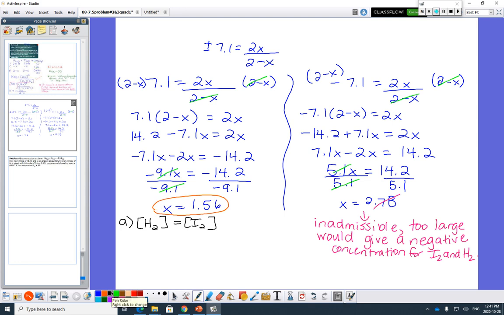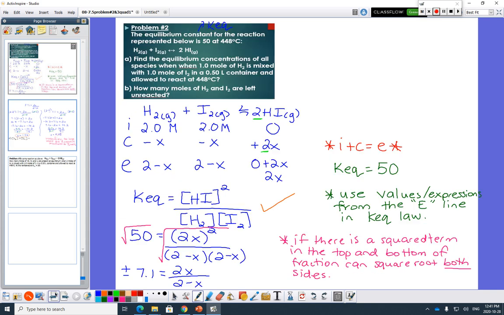We haven't even solved yet, right? We're not even done A. So these two are the same. You could do them separately or you could do them together. That doesn't matter. Both of them, we're going back to the ICE table. So like I said, some people will like to do this right underneath, which if you have room, that's fine. So they'll do it right here.